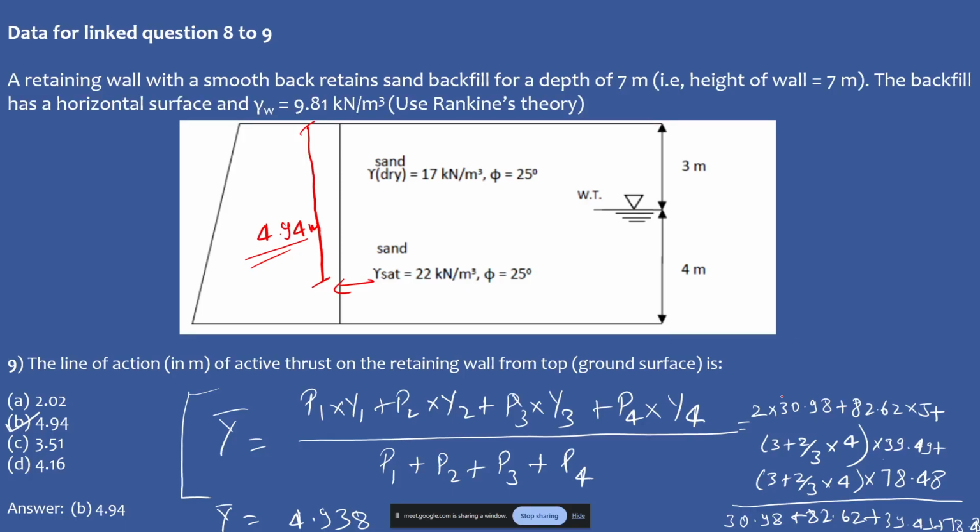Let's say for the 30.98, your force P1 was acting somewhere here, and we have taken the reference from here, so it was acting at 2 meter from the top. Similarly, for P2, P3, P4, whatever Y bar value we get is from this reference level only. So from the top it's 4.94 meter.